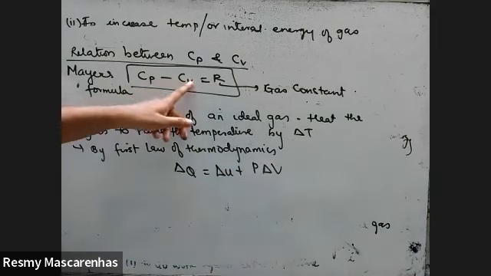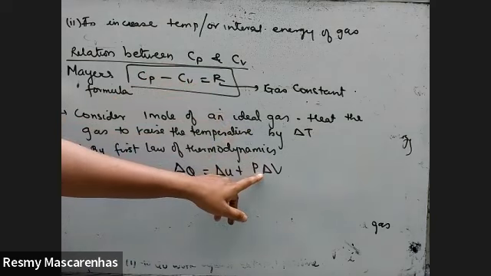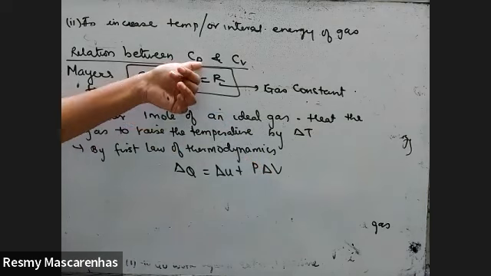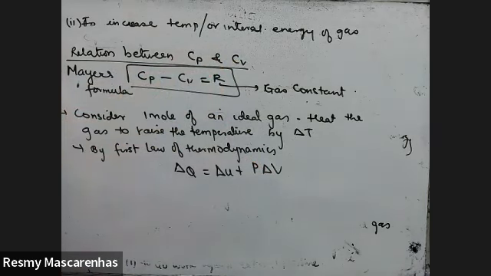Since we are doing Cp and Cv, we'll have to use this. There's no point writing delta W, because we are trying to find the relation between volume and pressure.